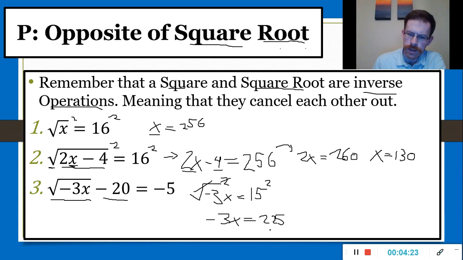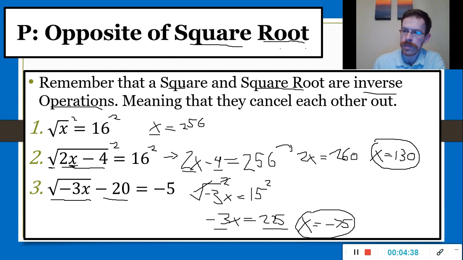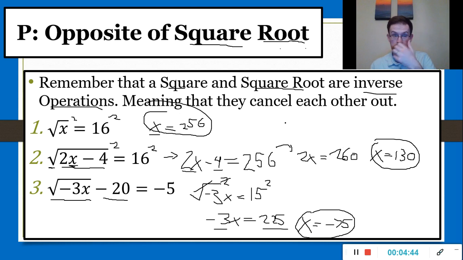And 225 divided by negative 3 gives you x is equal to negative 75. And so we've solved an equation pretty much the same way. It gives us some good practice, but there are different steps involved.